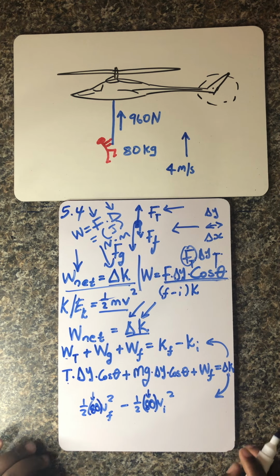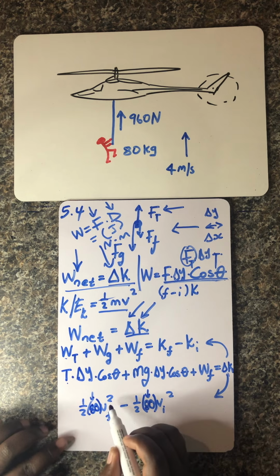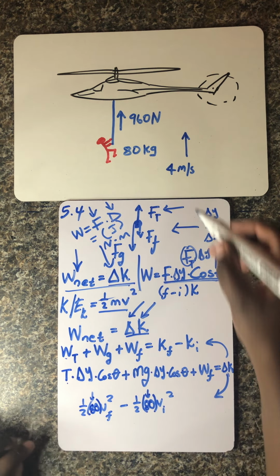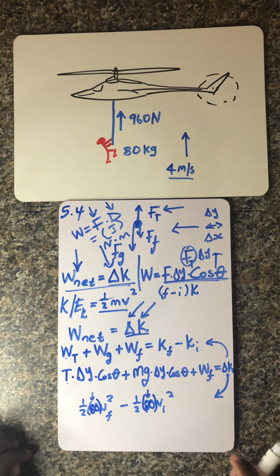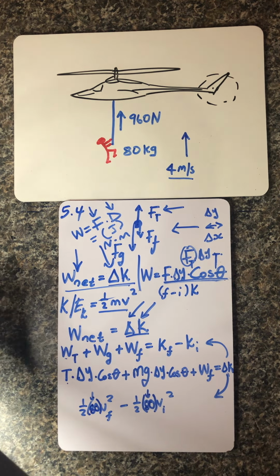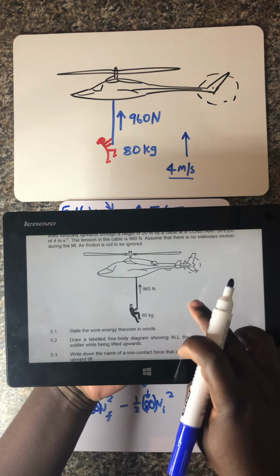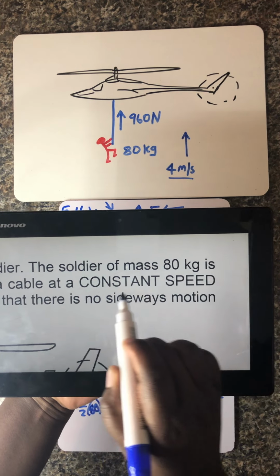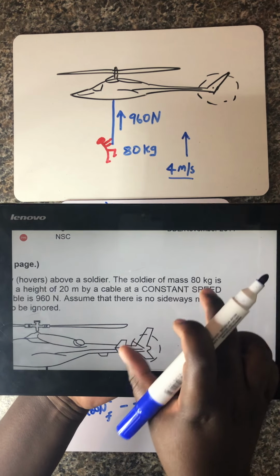You will understand towards the end exactly what I'm trying to explain to you guys. So that means we now need the value of velocity, and they said it's traveling at a constant speed of 4 meters per second. Okay, so guys, this is where you need this information of constant speed in capital letters.